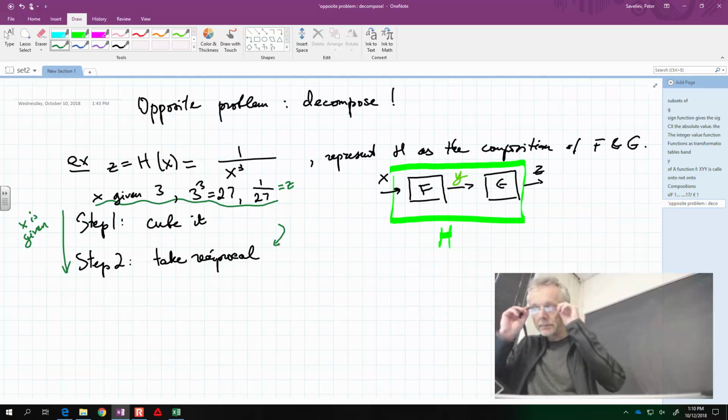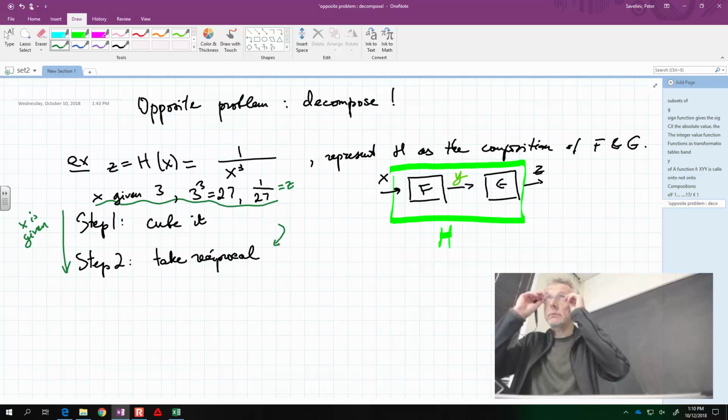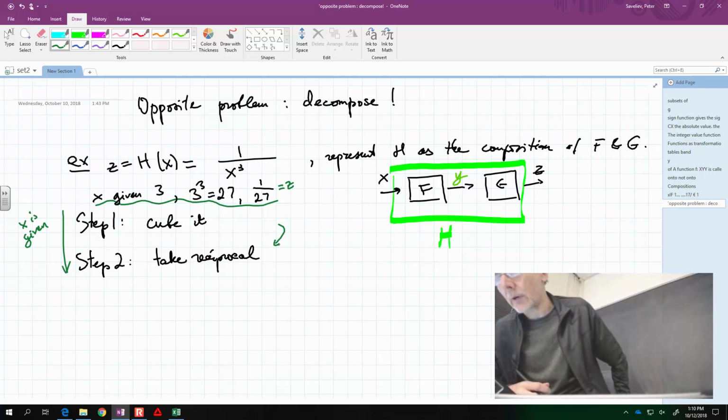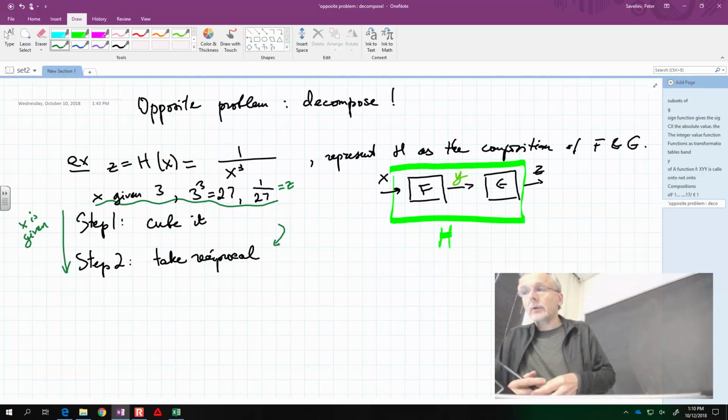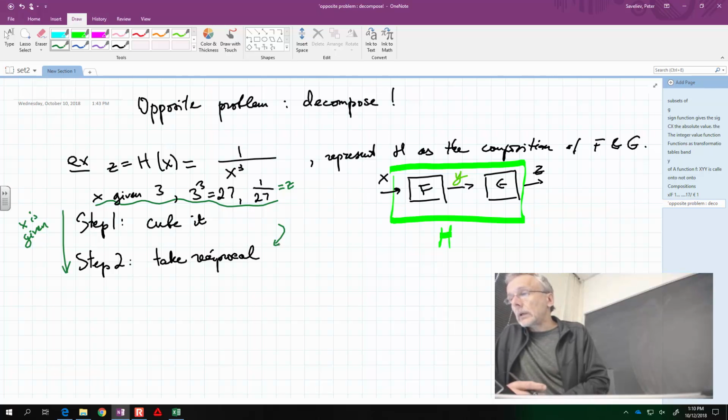Hypothetically, you can think of it as you are a boss, and you have a task to be carried out. You carry out this function. So you have one person who will be responsible for cubing it, and the other one is responsible for doing the reciprocal. That's what you do as a manager.